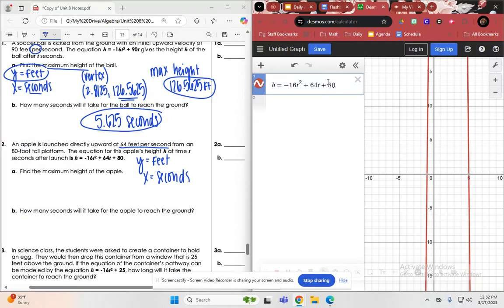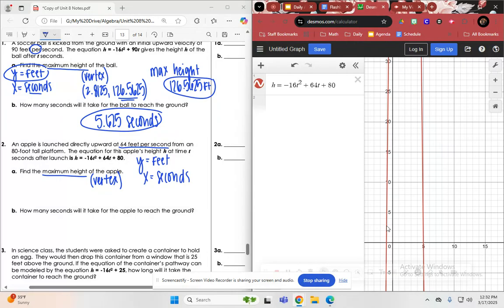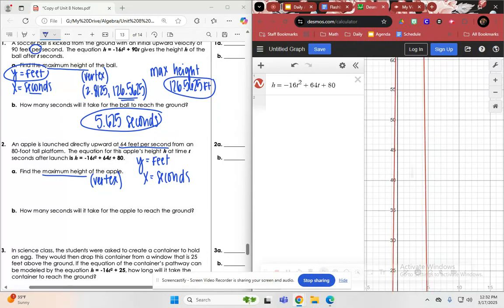Okay? The maximum height of the apple, again, we are looking for our vertex. So we're going to go over to our graph. We've got to reach all the way up to that maximum height.